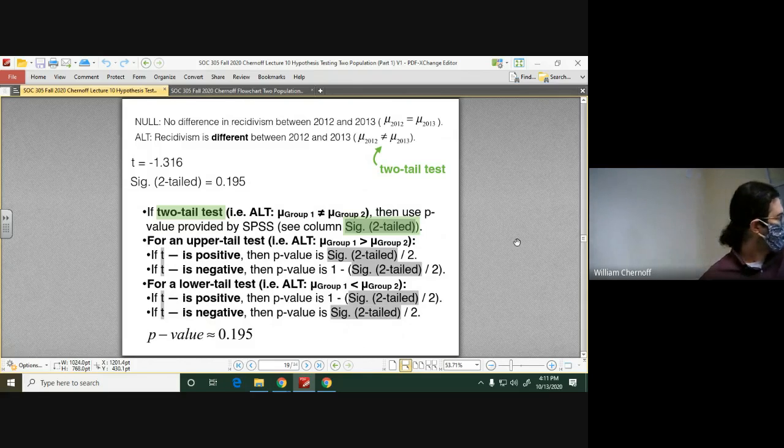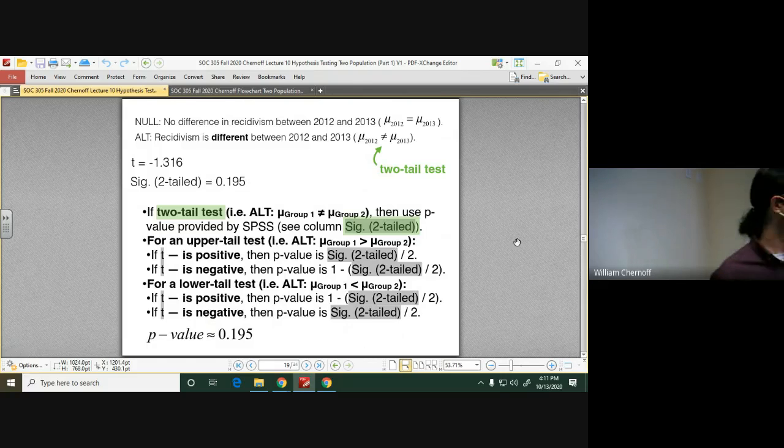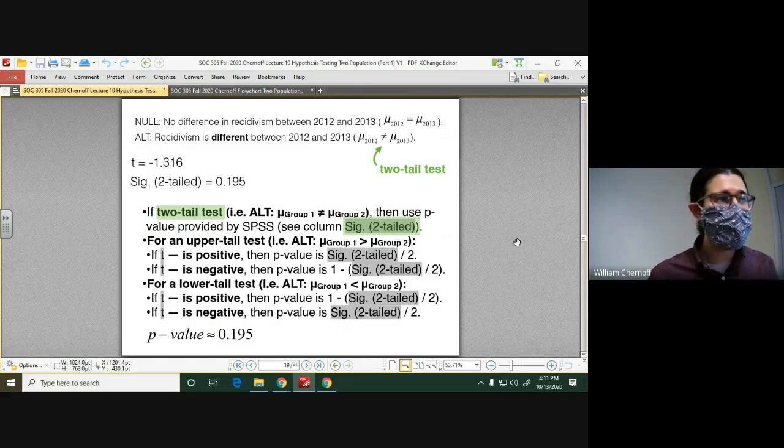Since we're doing a two-tail, we focus on this first bullet here. We're basically saying that our alternative hypothesis is that the population average of group 1 is not the same as the population average for group 2. When we're in this situation, we can use the p-value provided by SPSS. So in this situation, the default is correct.